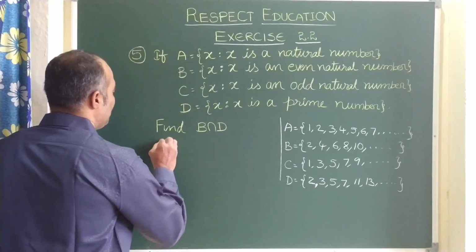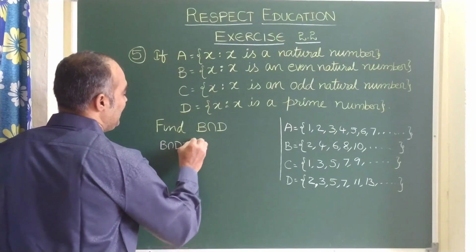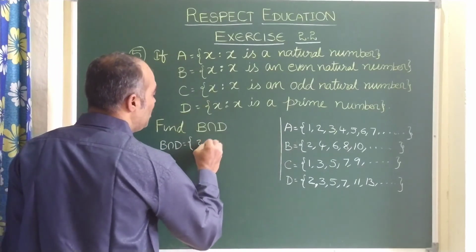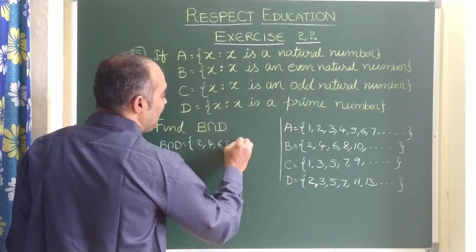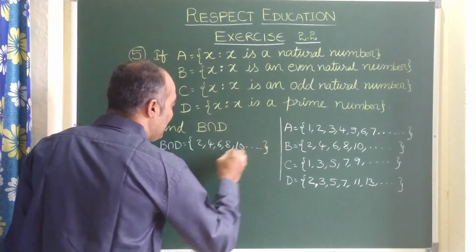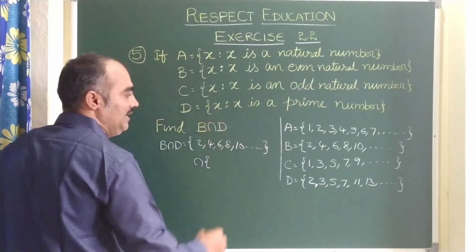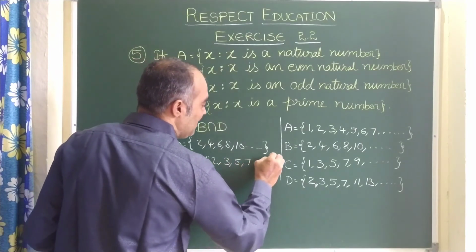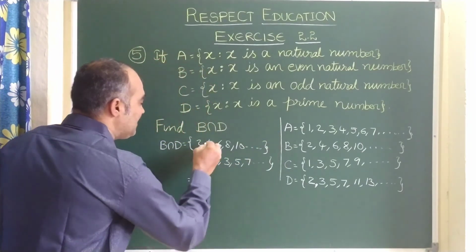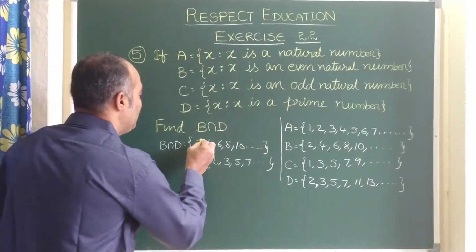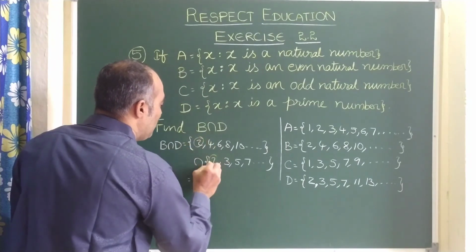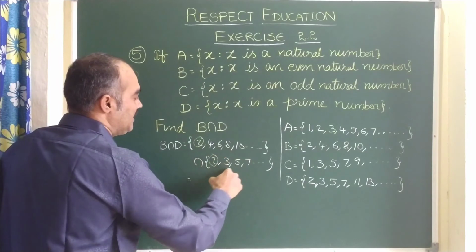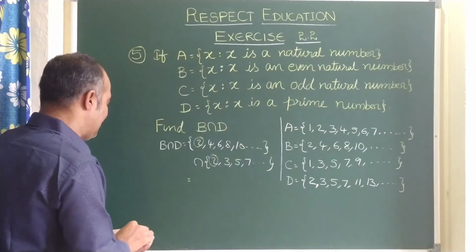Let us see the next bit, that is B intersection D. B is 2, 4, 6, 8, 10, and so on, intersection D. D means 2, 3, 5, 7, and so on. So let us take the common element. Here you see common elements. 2 is common; 4, 6, 8, 10, 3, 5, 7, nothing is common except 2.